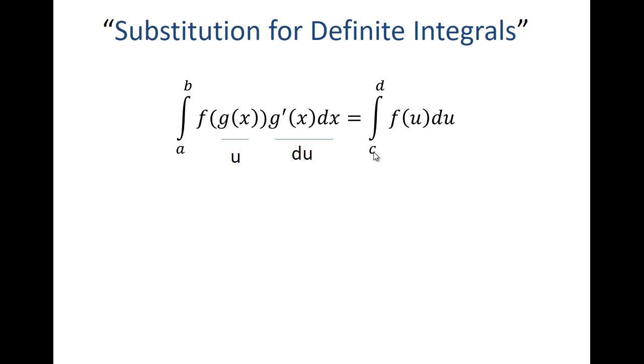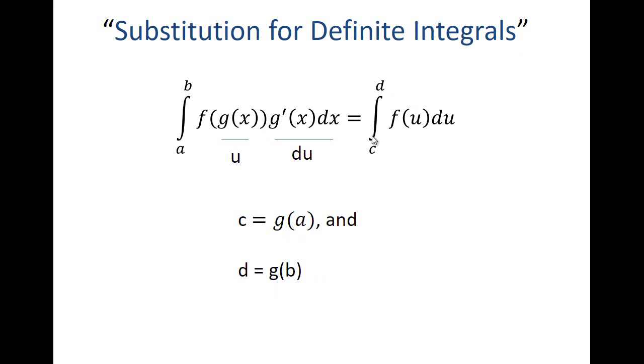The new integral goes from c to d, where c is g of a. Remember that u is g of x, so when x is a, u is g of a. When x is b, u would be g of b. So d is g of b and c is g of a. That's the substitution rule for definite integrals.